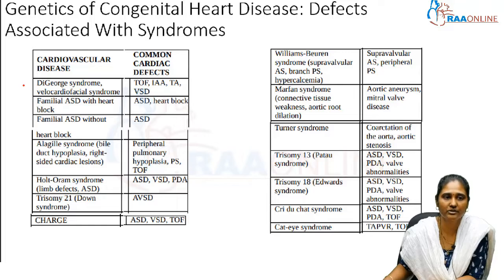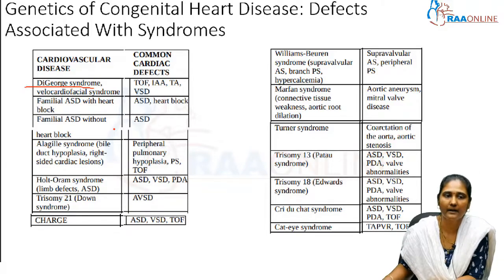The foremost is DiGeorge syndrome, also called velocardiofacial syndrome. The cardiac abnormalities are tetralogy of Fallot, interrupted aortic arch, tricuspid atresia or ventricular septal defect. Familial ASD occurs with or without heart block.